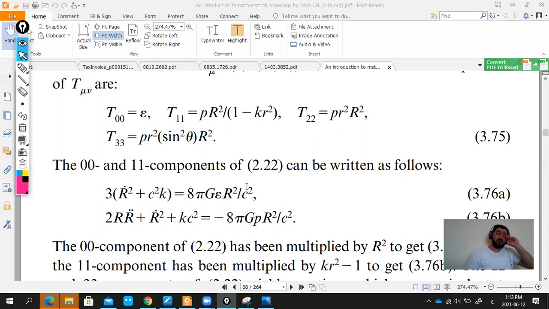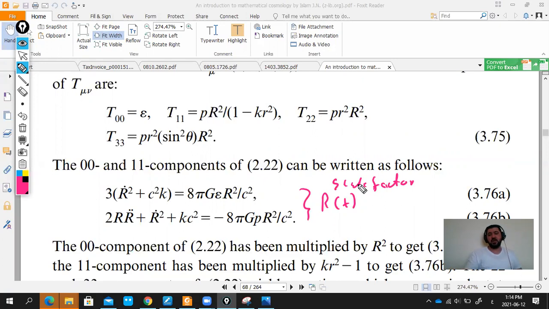Now, what is the benefit of these equations? This equation, look, gives us the time variation of R, R dot and R double dot. So from this equation, in principle, we can find the expression for R as R(t), where R is the scale factor. If we succeed in finding the scale factor, that will help us a lot.